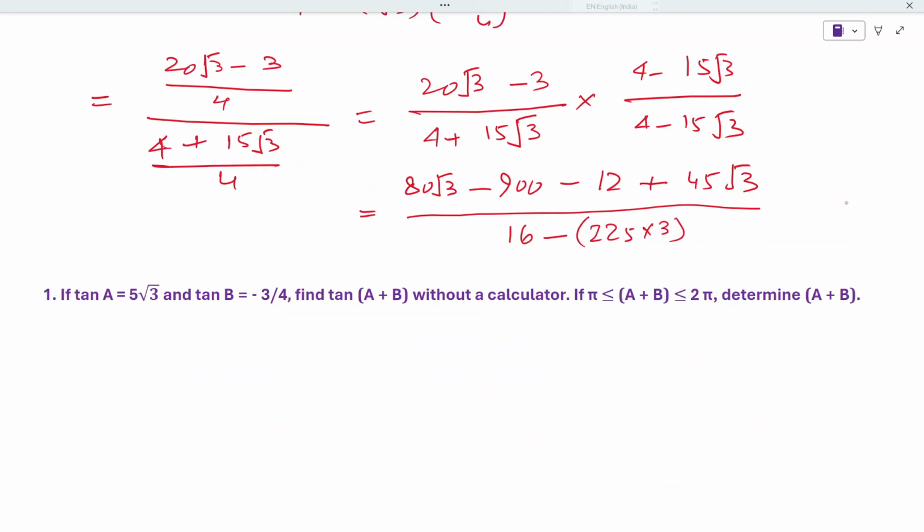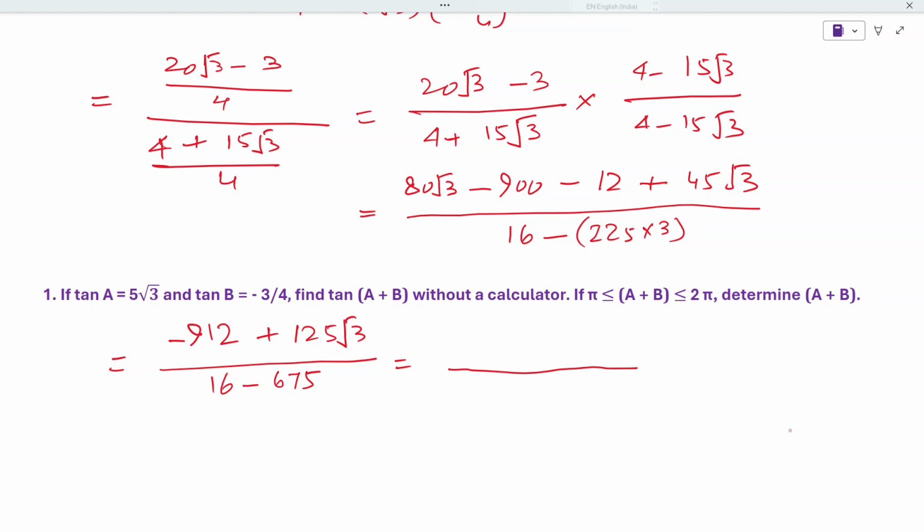Okay, so this is minus 900 minus 12, which is minus 912, and plus 125 square root of 3, divided by 16 minus 675.